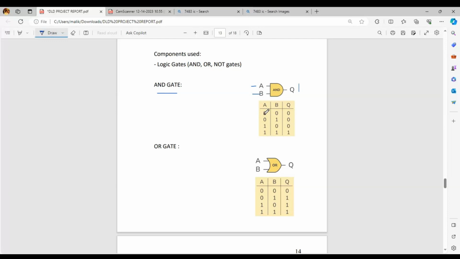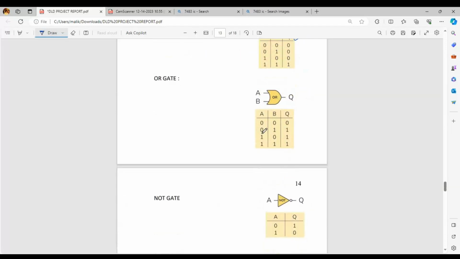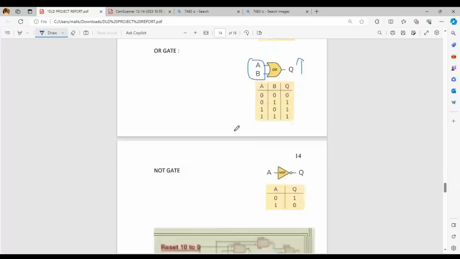You can verify this statement from this truth table. For the OR gate, if any one of the inputs A or B is 1 or high, our output will be high. The output will be 0 only if both of the inputs are 0.